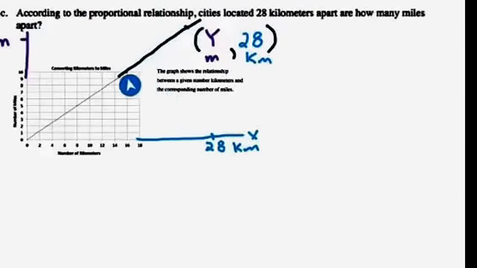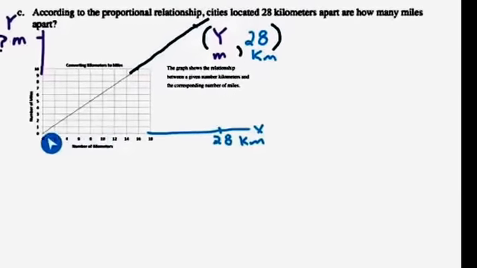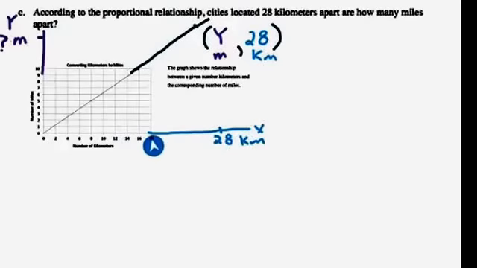To help us make sense of this question, what we need to imagine is that our graph continues past the values that we see. So along the x-axis, we have 28 kilometers. What we need to figure out is what number of miles would be on the y-axis.